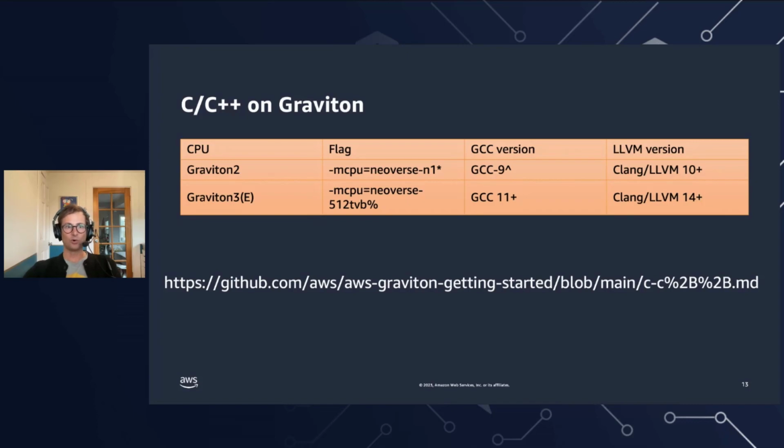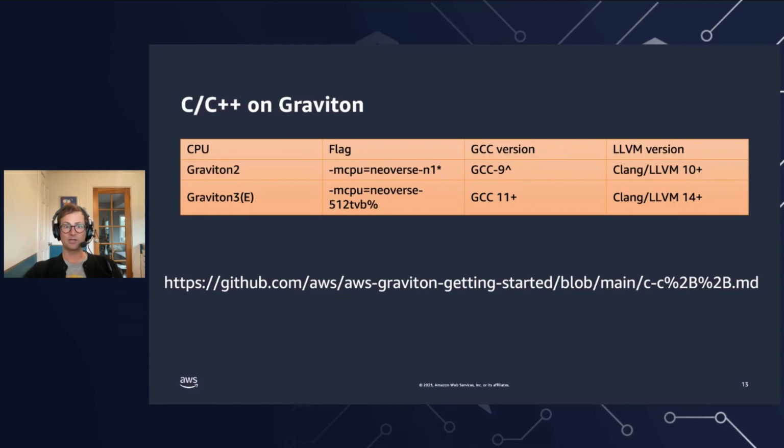If you plan to only run on Graviton 3, though, you can go further than that and use -mcpu=neoverse-512tvb. And that option will also take advantage of some of the options that are available on Graviton 3, but not on Graviton 2. Things like SVE, things like the random number generator instruction set, things like pointer authentication would be available for Graviton 3, but not for Graviton 2.